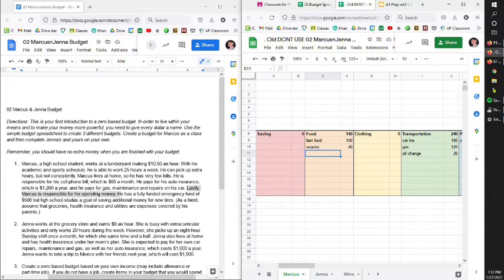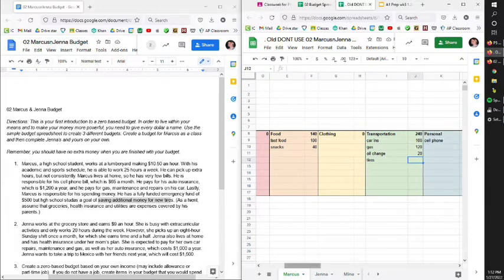It also says, okay, he has an emergency fund already filled up. He wants to save additional money for new tires, and so let's put tires on here. Now, I'm just going to highball it. I have no idea. Let's say each tire is $100. So that's $400 total. Tires will probably last you, let's just estimate 2 years.